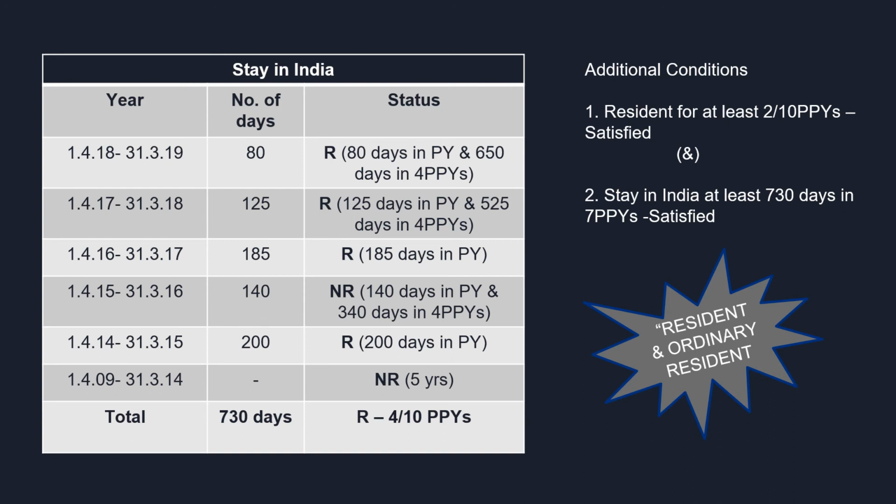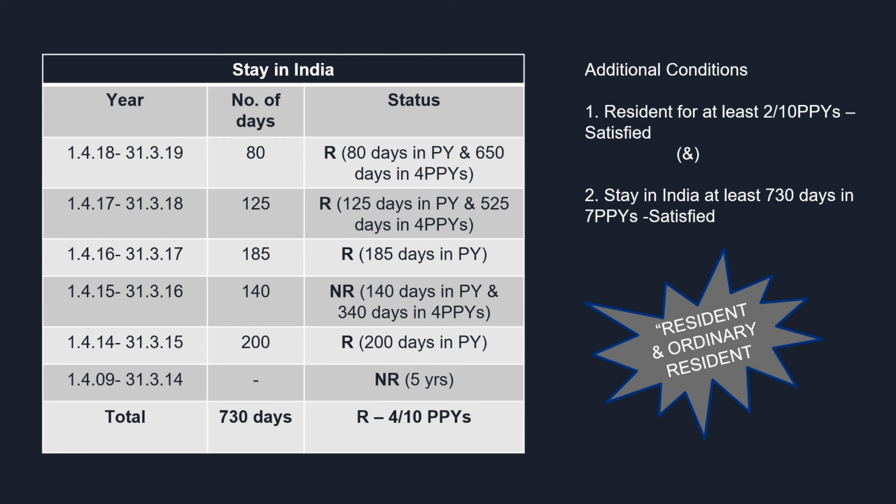Now, we move to check whether he has satisfied the second additional condition. The second additional condition says stay in India at least 730 days in the 7 years preceding the previous year. If we check how many days he stayed in India for 7 years, then it comes around 730.